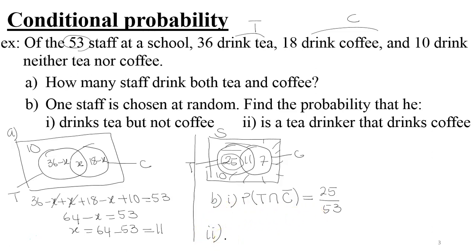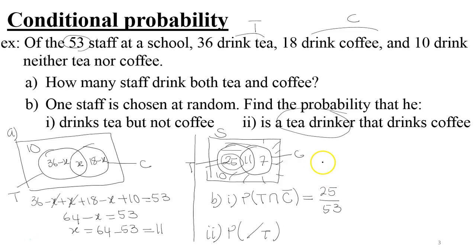However, if we look at part II, we want to find the probability that he is a tea drinker that drinks coffee. Now, what does it mean that he is a tea drinker? It means that we already know that he drinks tea. So over here, that is our condition. We already know that he drinks tea, and we want to find the probability that he also drinks coffee.